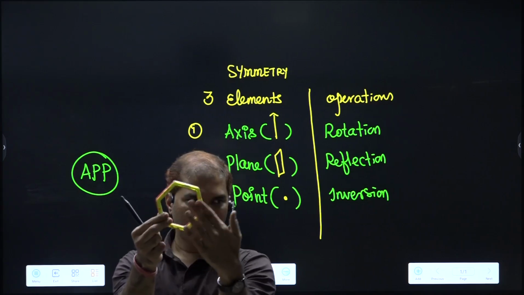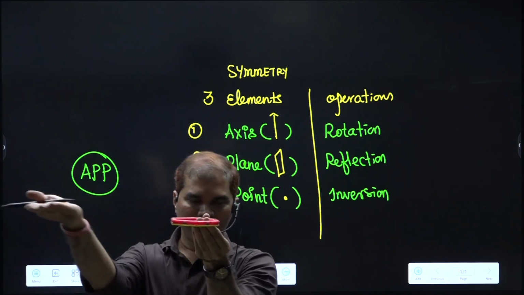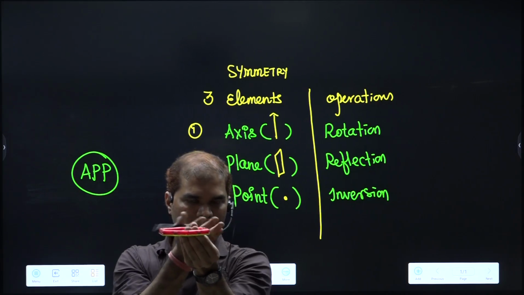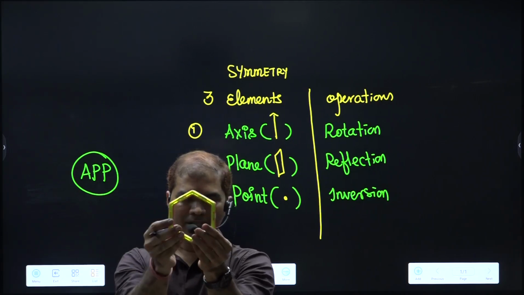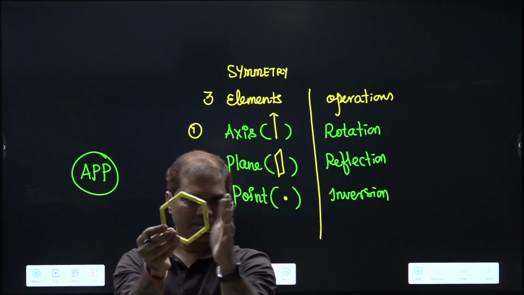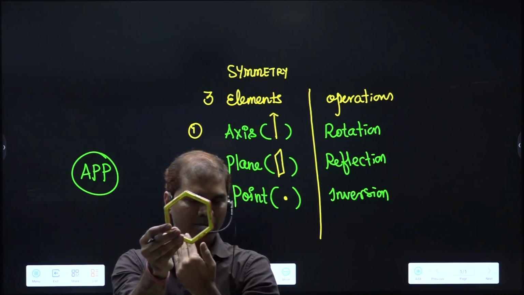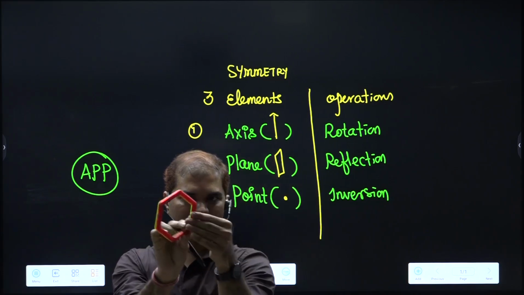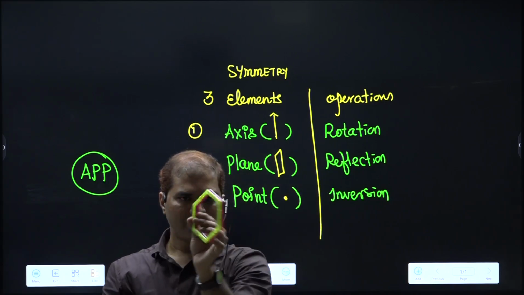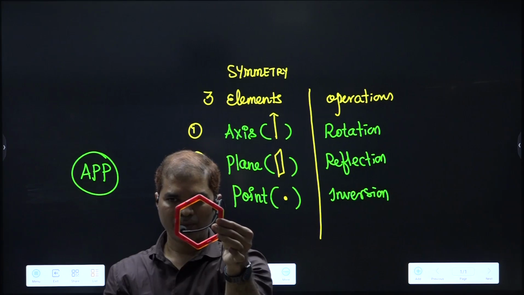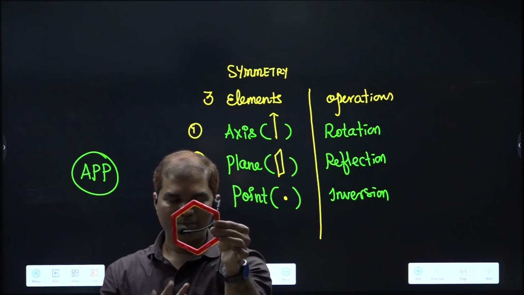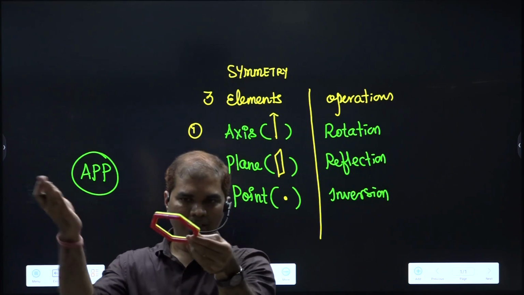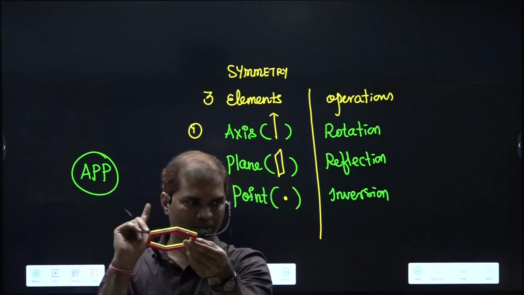This fluorescent green is minus. If I pass a plane, what will happen? All this red will reflect below, or else I am holding it like this. Minus is towards you, plus is away from you. When I pass this plane, this will reflect towards you. So are they equivalent? No. Previously it was minus towards you, now it is plus towards you. Both are not equivalent. So I cannot pass this plane for psi1 of benzene.